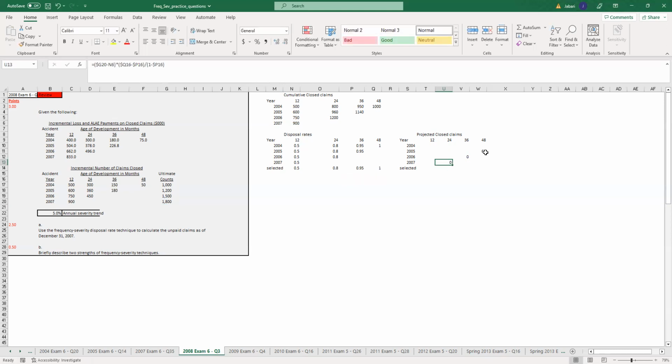I locked in the wrong cells. Yes, that is correct. Okay, there it goes. Cool.